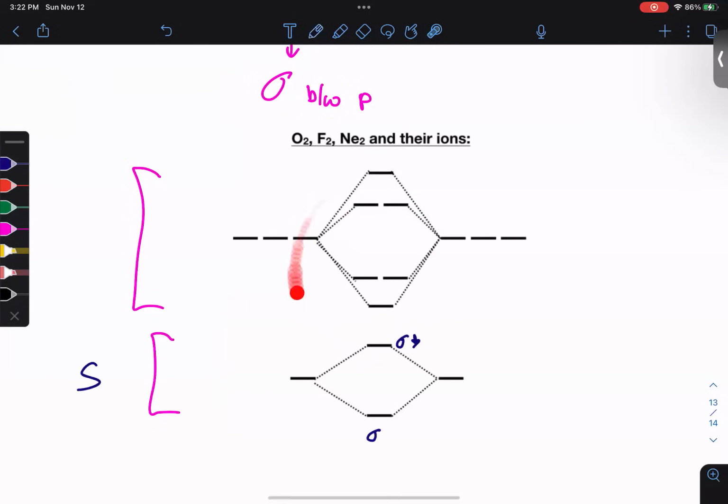But these top atomic orbitals are what orbitals interacting? P. And so if we look at the placement here, the first line here is what kind of MO? Sigma, but between p orbitals. And then the double line here is what kind of interaction? Pi, and then the next one, pi star, and then sigma star.